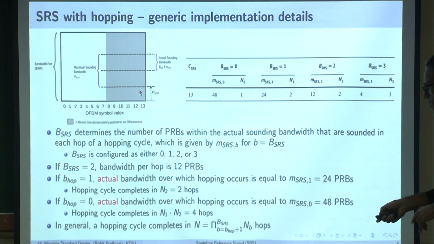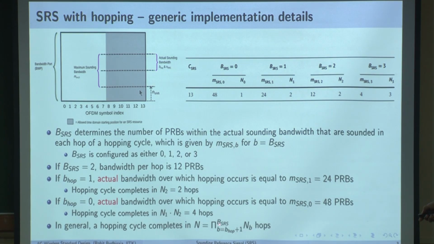Look at these values. Let's look at this example. What was B hop? 0. So B will run from 1 to BSRS, which is set to 2. So this will run from 1 to 2, and what you will have is N1 into N2. That's how it works.